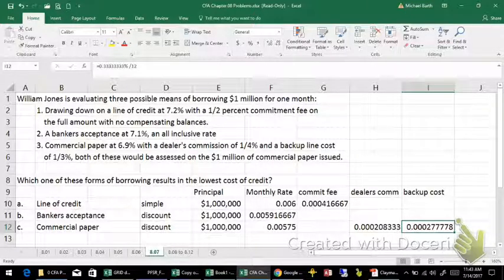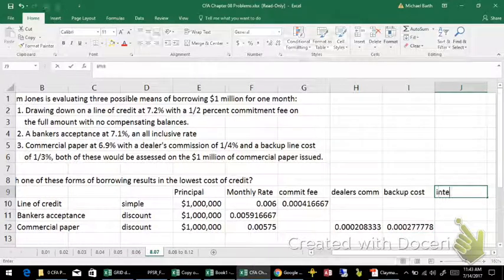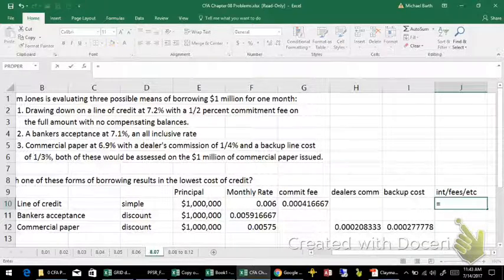All right, so now we can compute the amount of interest and fees, etc., for each of these.